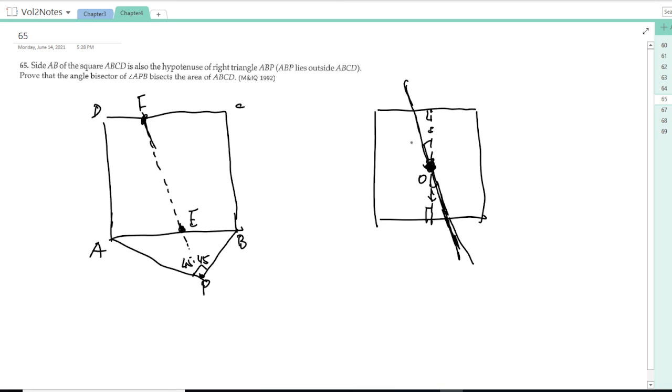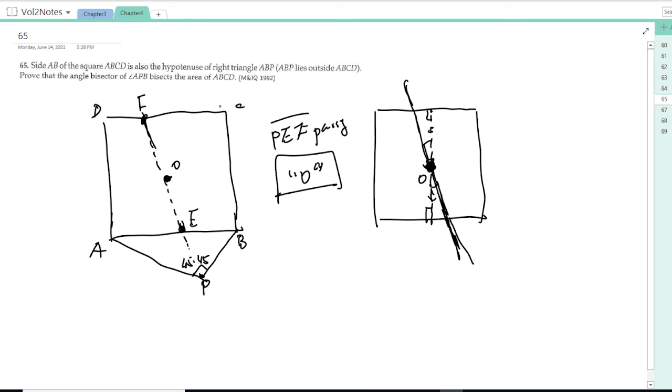That's why this side is half of the square. So now the problem converts to proving that the angle bisector of PEF is passing the center of the square, passing O.